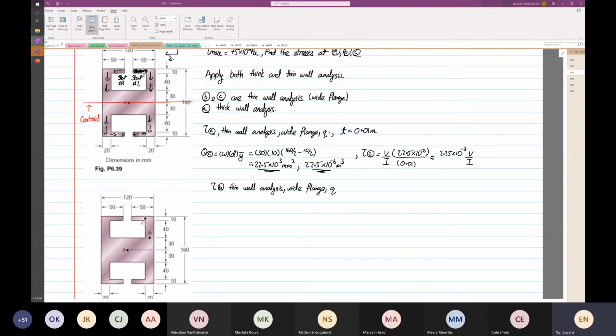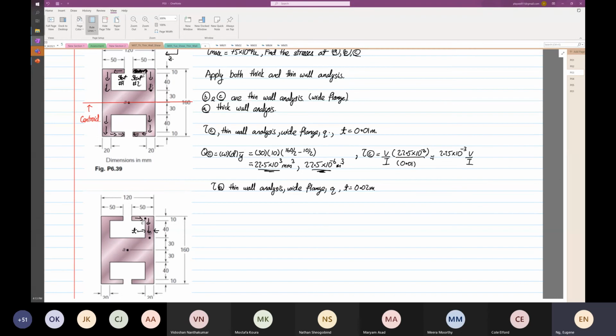You only have a single Q, and then we know that your thickness is equal to what? 0.02 meters. Right? Because it's coming here, it's going down this way. This is the thickness.